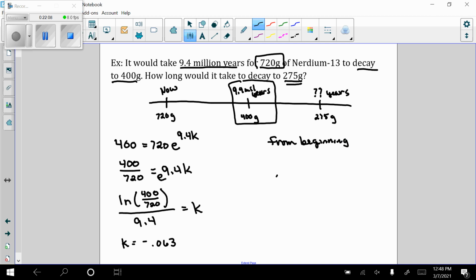So now again, I'm just going to go from the beginning. So I'm going to go to 275. That's what I want to know. My beginning amount was 720. E to the negative 0.063 T. So 275 over 720 equals E to the negative 0.063 T. So I know I need a natural log.